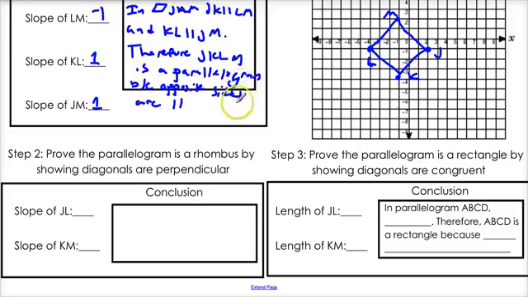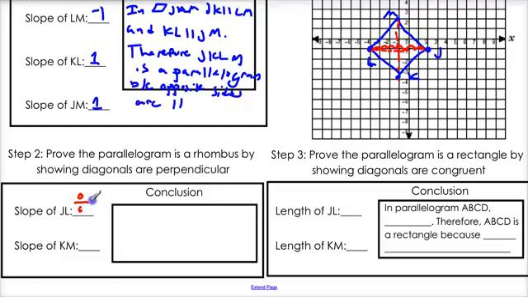We're going to show that the diagonals are perpendicular. This shows that it's a rhombus. So diagonal 1 and diagonal 2. Now this is going to get a little nutty, and I'll show you why. If you find the slope of JL, which is right here, you're going to find it's up 0 over 1, 2, 3, 4, 5, 6.